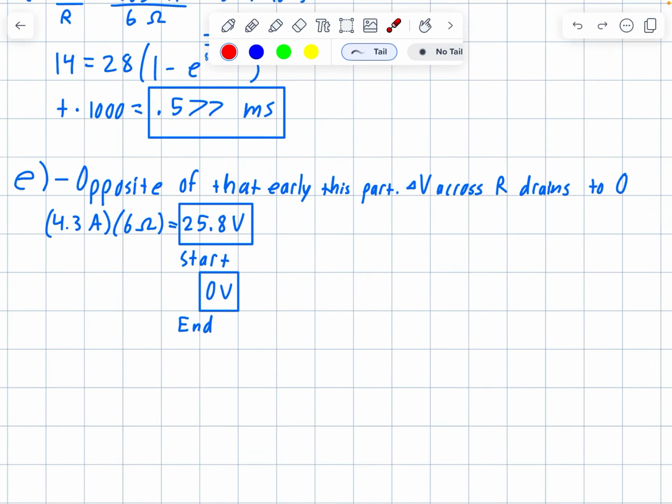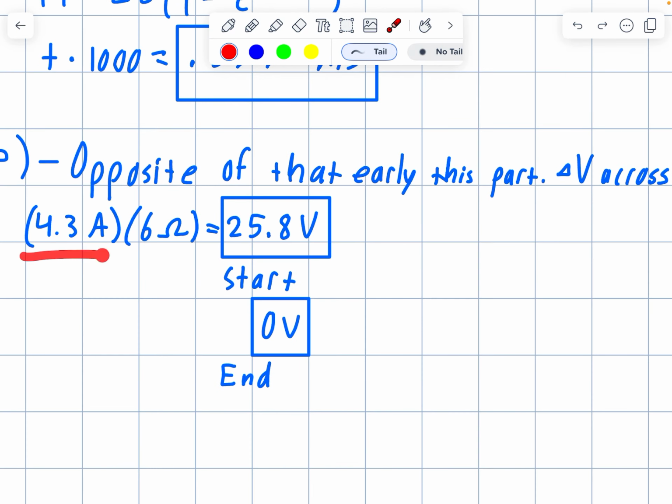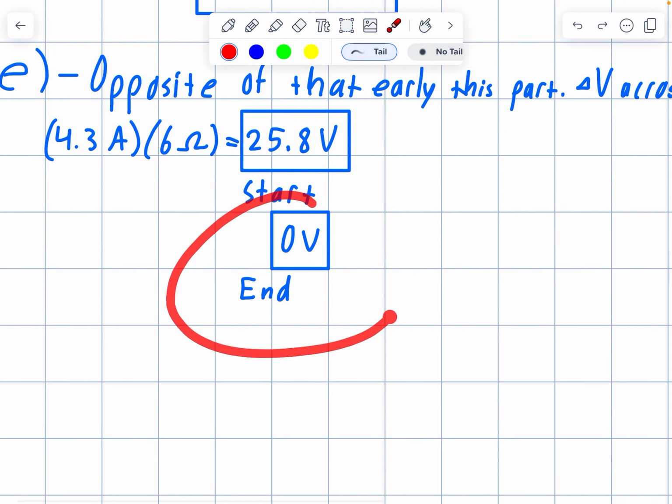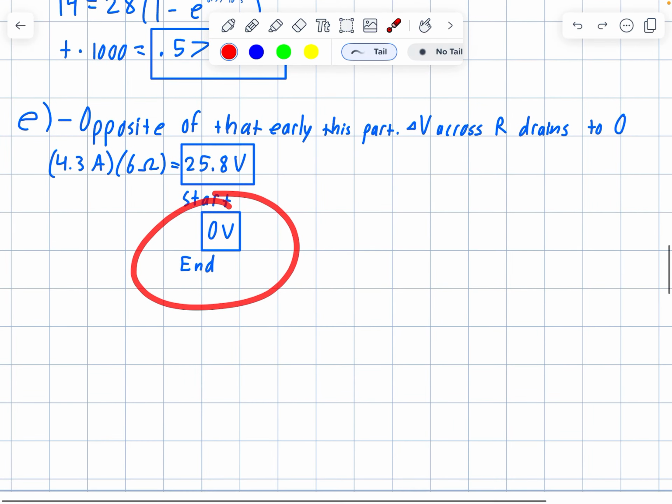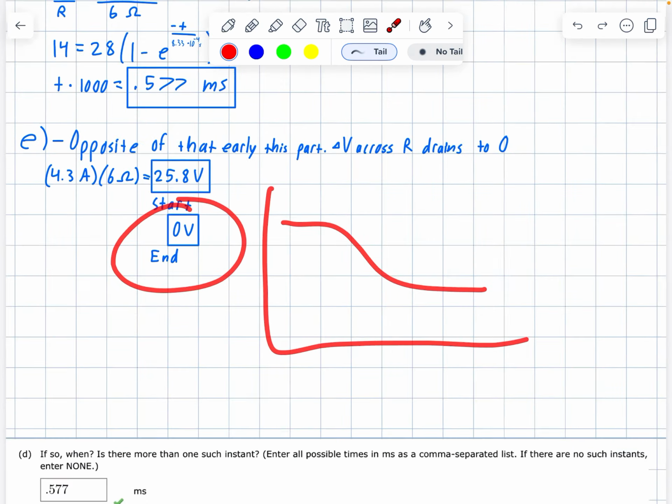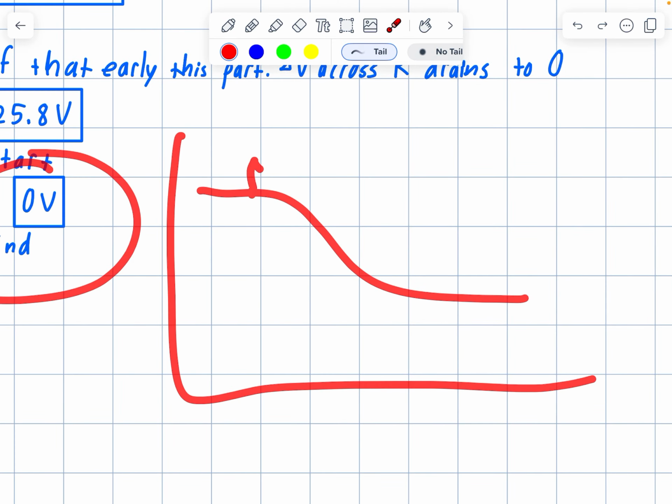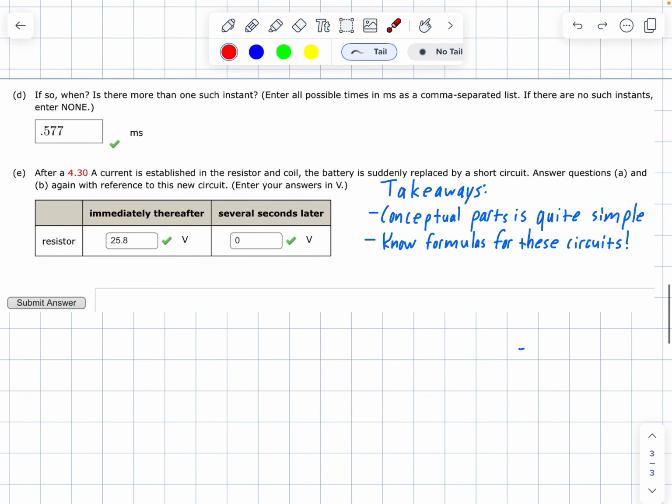And okay, so at max current, which is 4.3 amps, times the resistance equals 25.8 volts to start, and then at the end it drains to 0. Okay. And then we can check our part D and our part E.